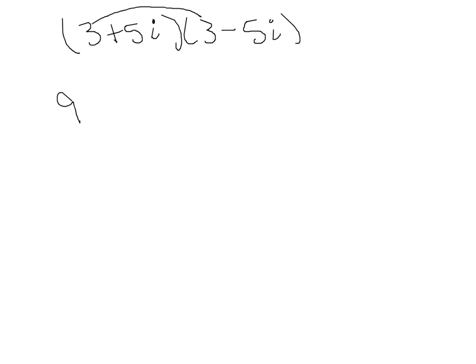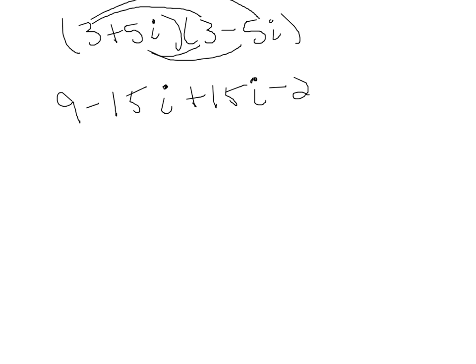Okay, now we're going to look at 3 plus 5i times 3 minus 5i. So I get 3 times 3 is 9. 3 times minus 5i is minus 15i, and then I have the i, plus 15i, minus 25i squared.